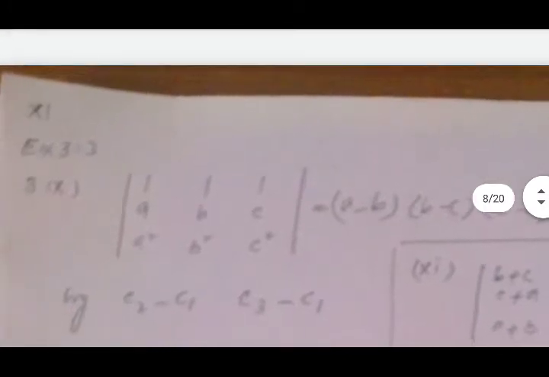Here we see 1 1 1 in the rows, so we do C2 minus C1 and C3 minus C2. Now in row 1, 1 0 0, we expand by R1.